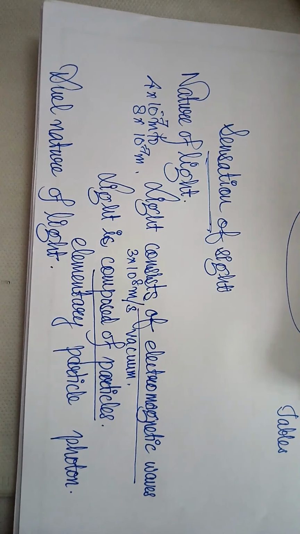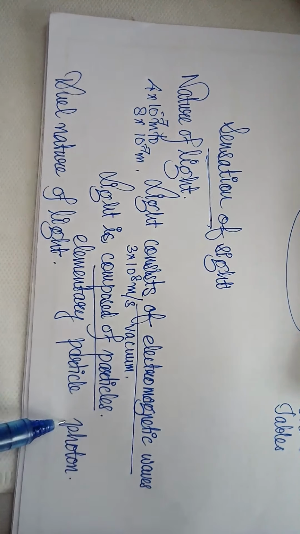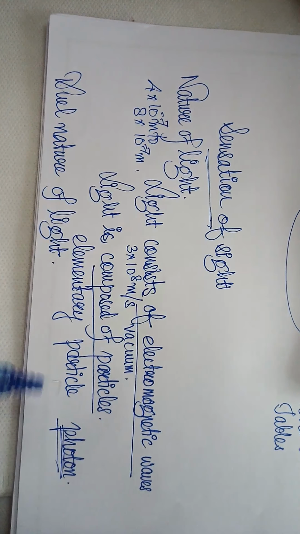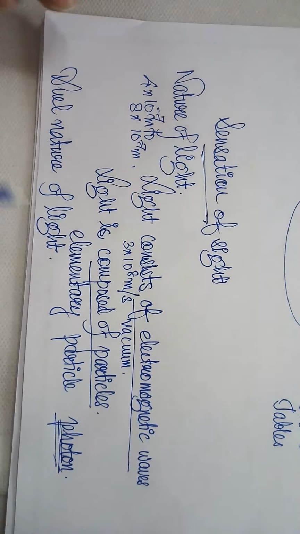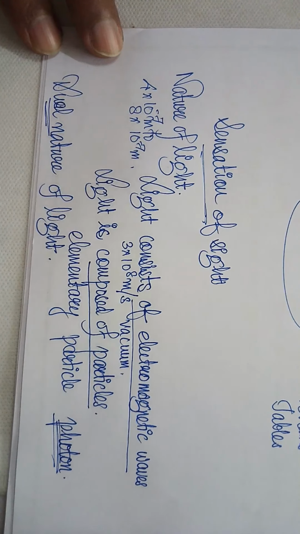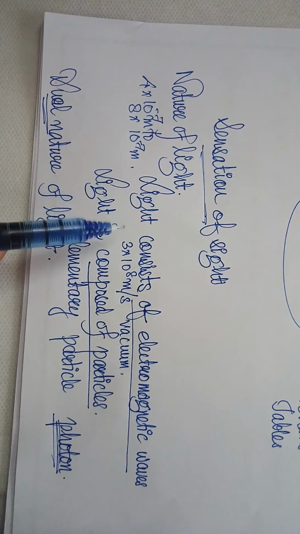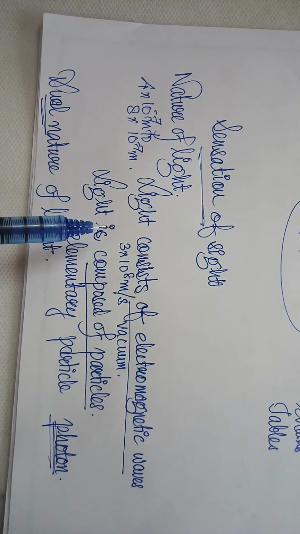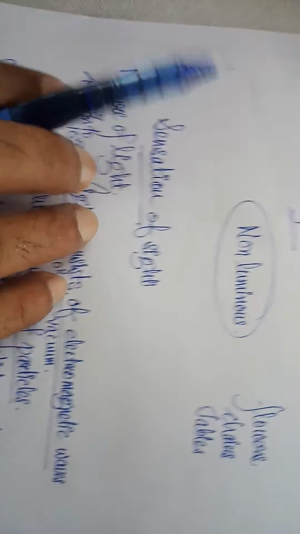So we can say that the elementary particle of light is known as the photon. So we can say light has a dual nature: one is particle nature and another is wave nature.